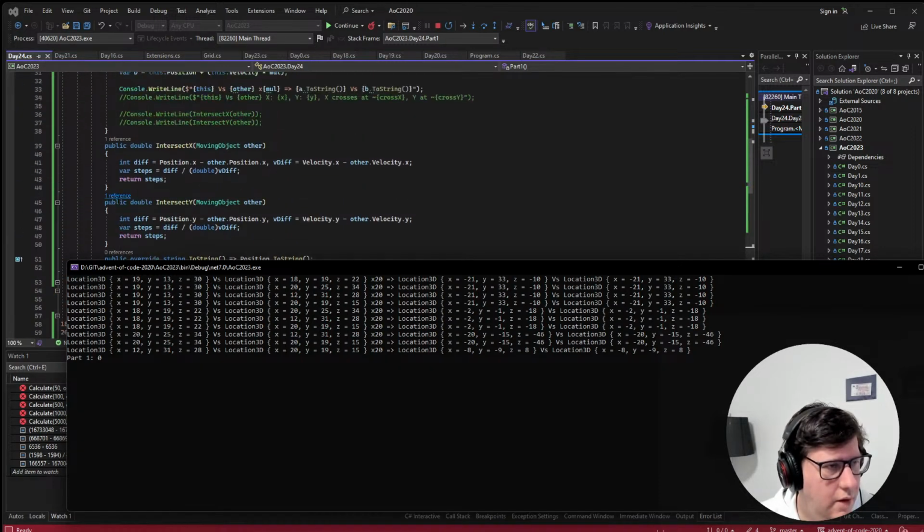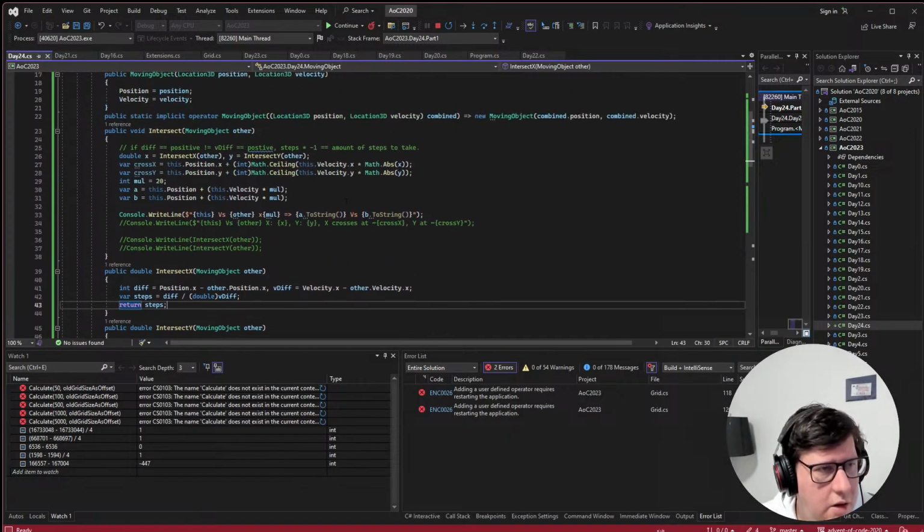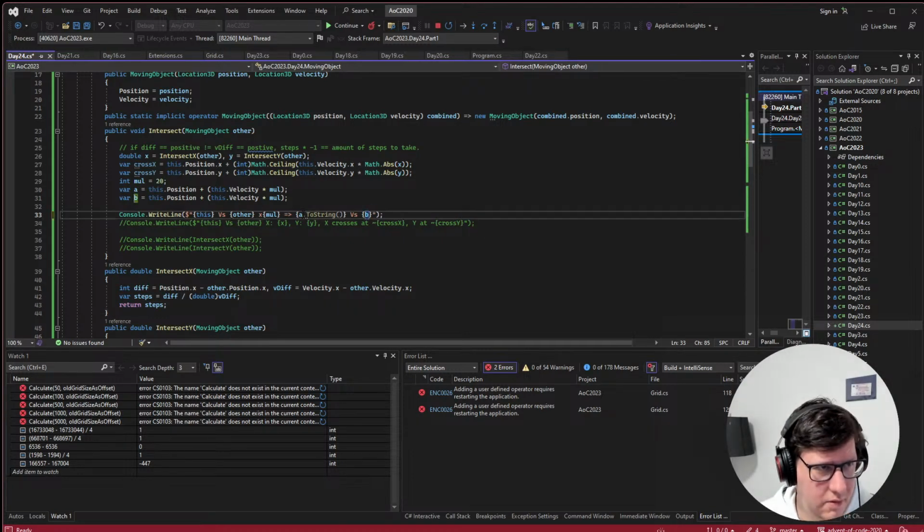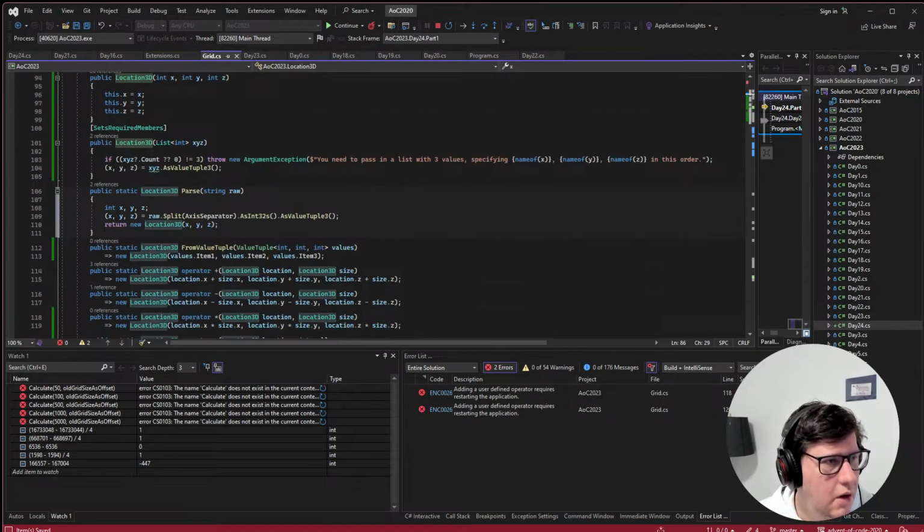I thought I had an override to string. Oh, this is for location 3D. Never mind. I just need to make sure that I implement the override to string for that one.